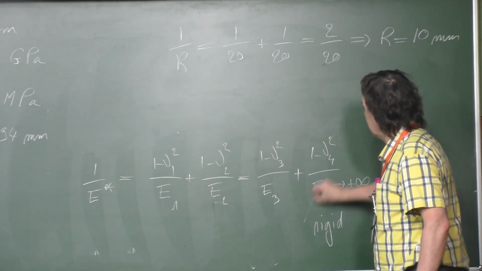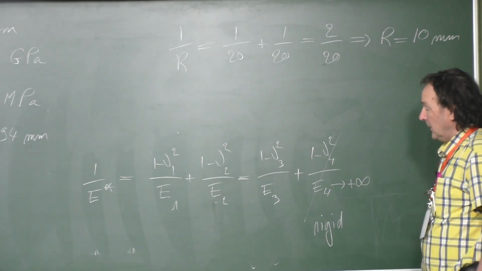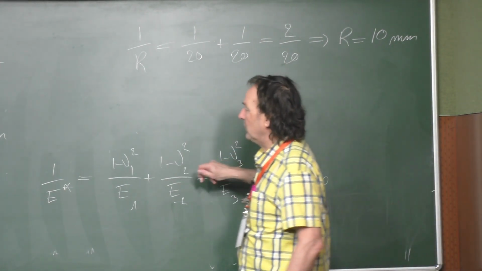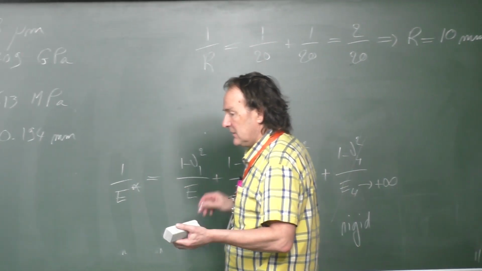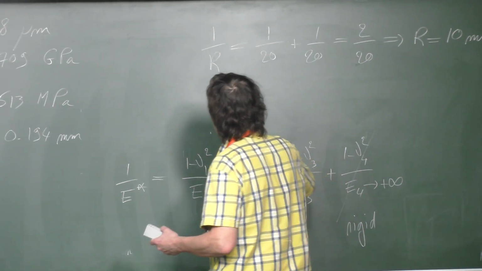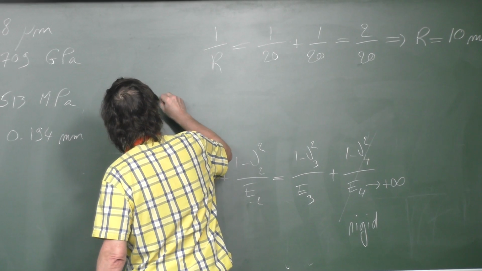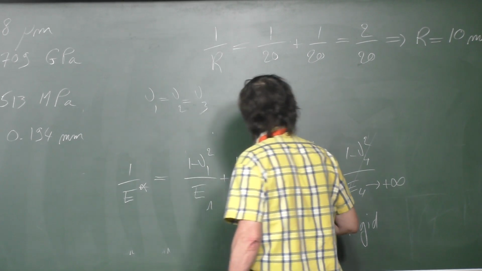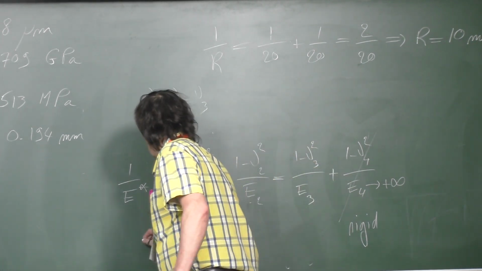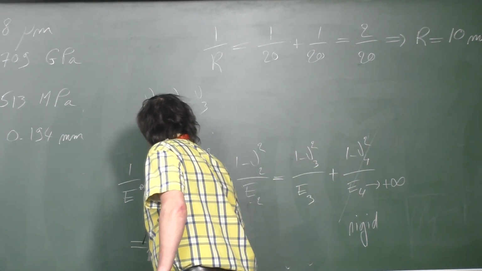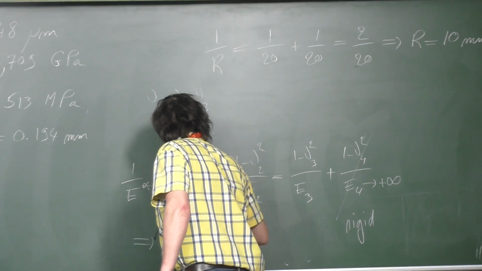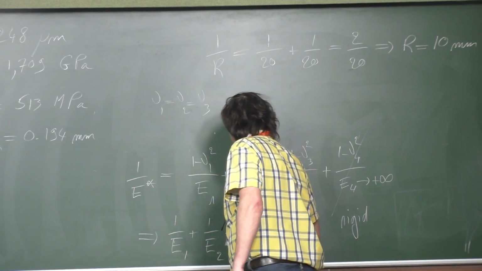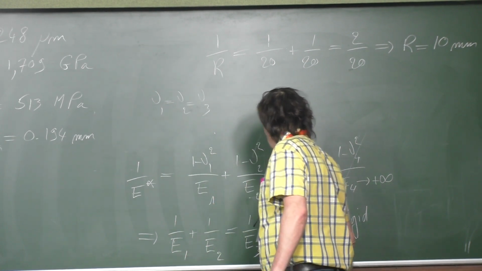Then this term tends to 0. And now if you assume that you have the same Poisson ratios for steel, ceramic, and for the equivalent material, then you have, okay.